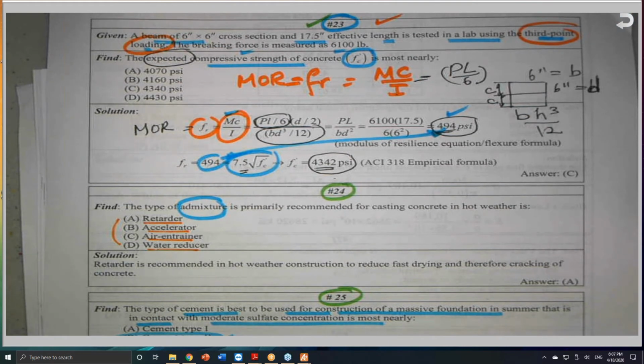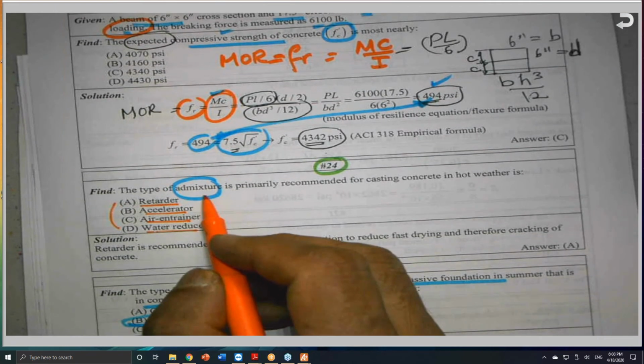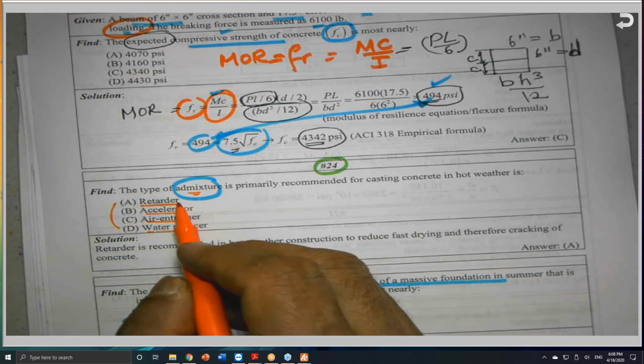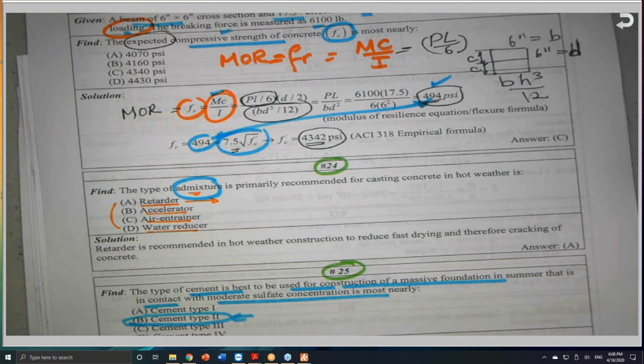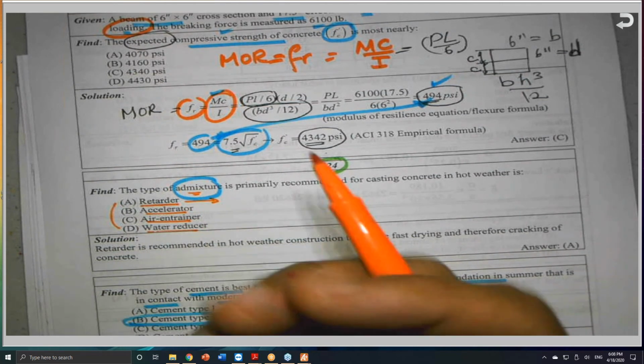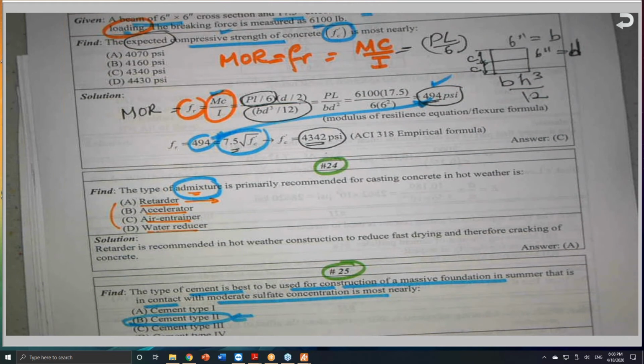For example, retarder will slow down the setting of the concrete.